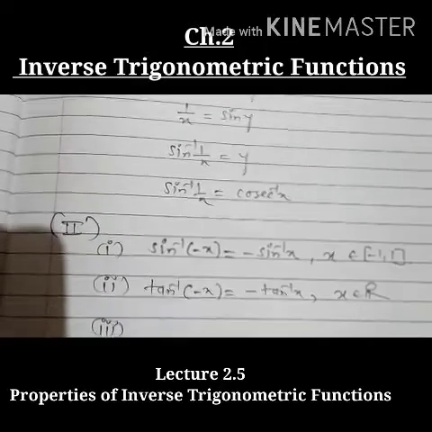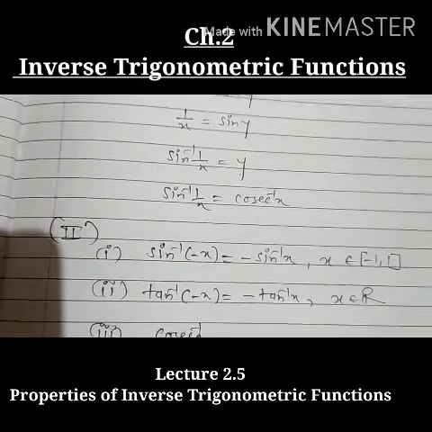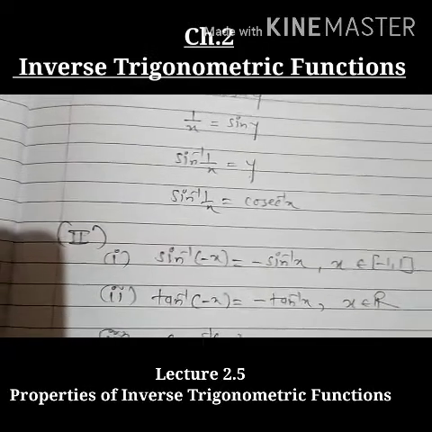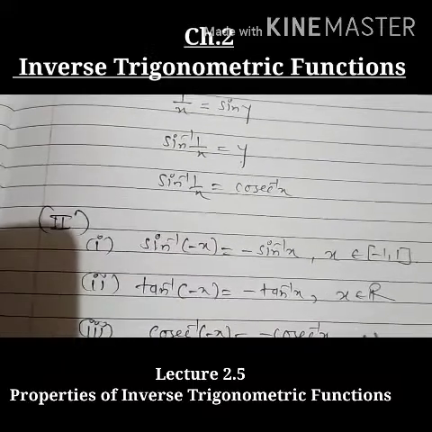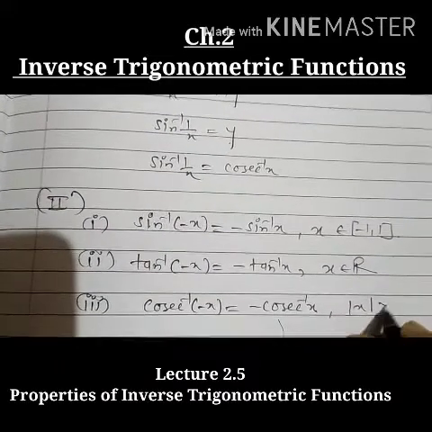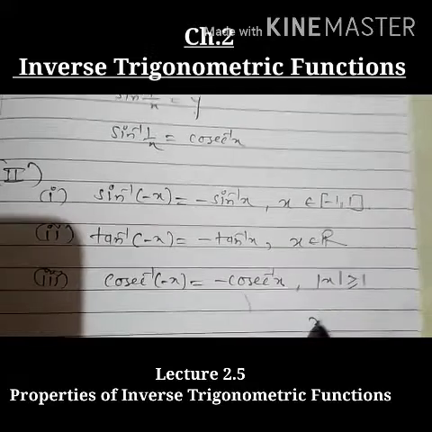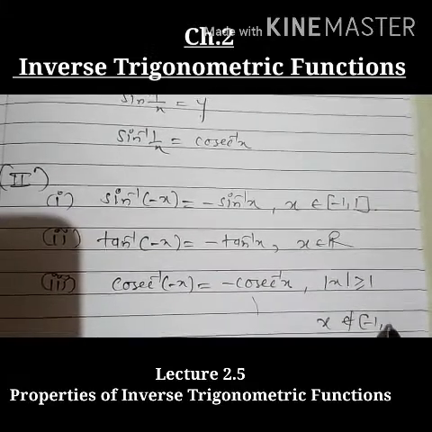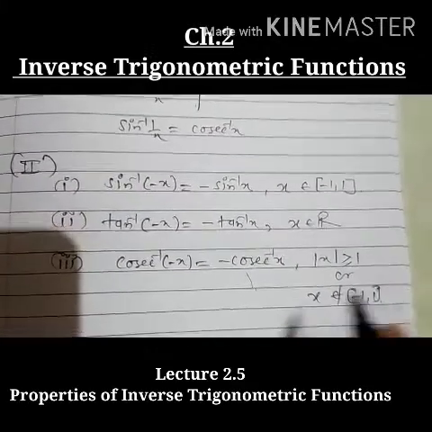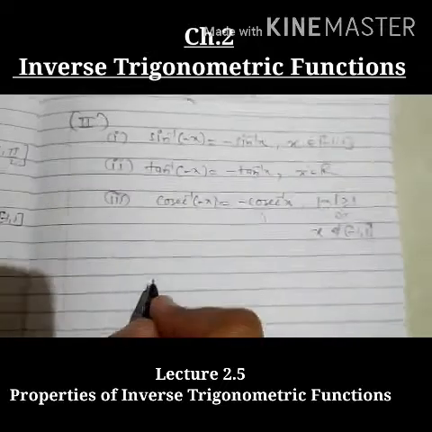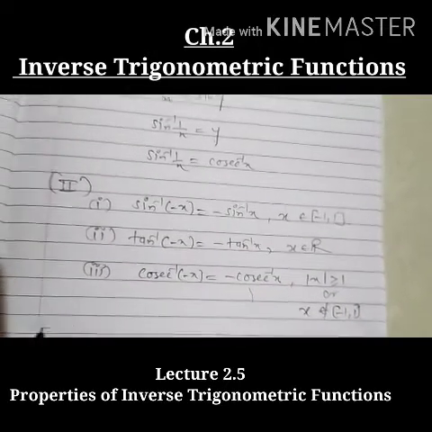Third one, cosec inverse of minus x is equal to minus cosec inverse x if mod x is greater than or equal to 1. That means x does not belong to the closed interval minus 1 to 1. Understood?